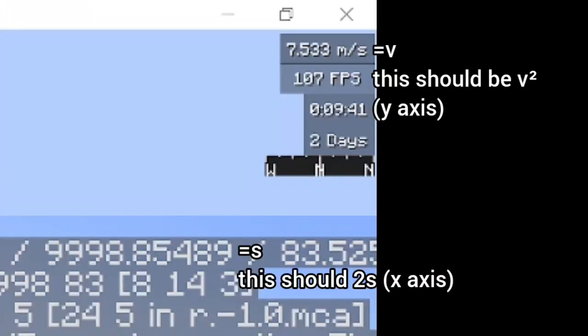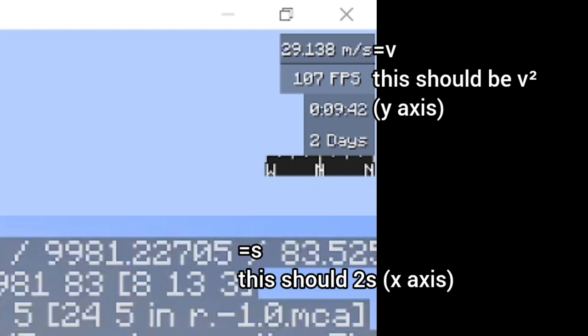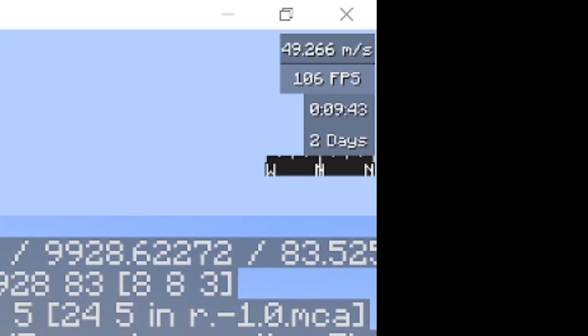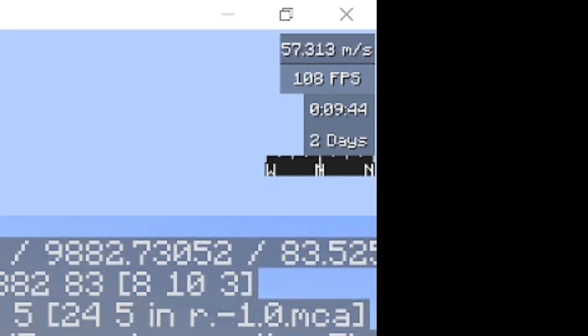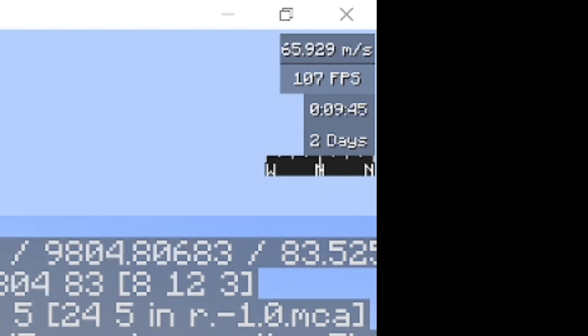Okay, so using 9 pieces of data, including the start position, which was 0. This was very difficult, by the way. I got the rate of change, or acceleration due to gravity, which started at like 20, then went to 23, 25, 25.4, 25.6.